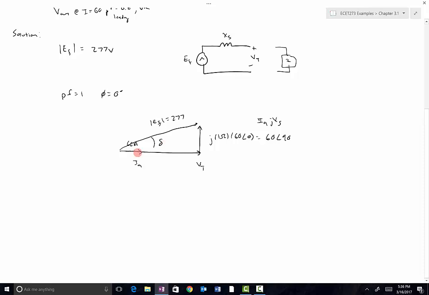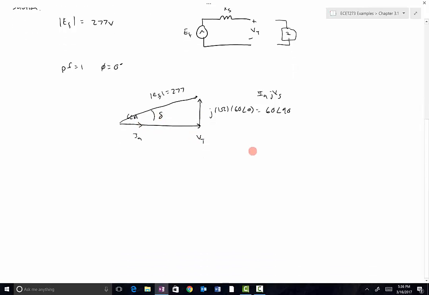So anyway, I think you can pretty clearly see how we're going to calculate VT from this equation. VT squared plus 60 squared is going to be equal to 277 squared. Very easy right triangle to solve right here, and that gives us a terminal voltage of 270.4 volts.